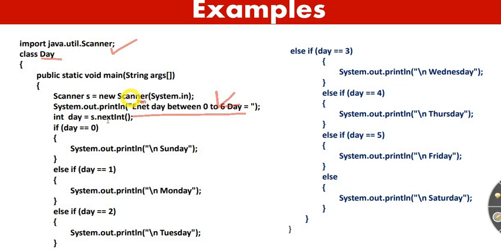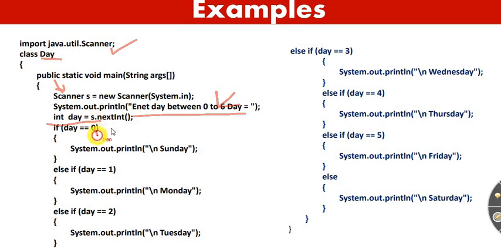So Scanner is taken. And one thing you should note is that I have not declared any variable up front. You can declare it directly where you need it, so it's up to you where to declare.